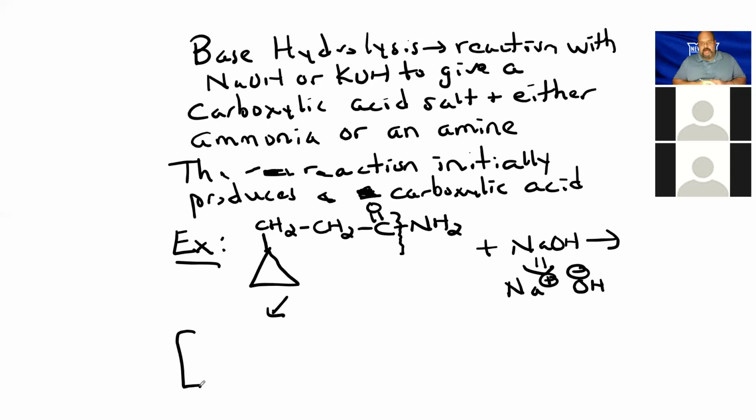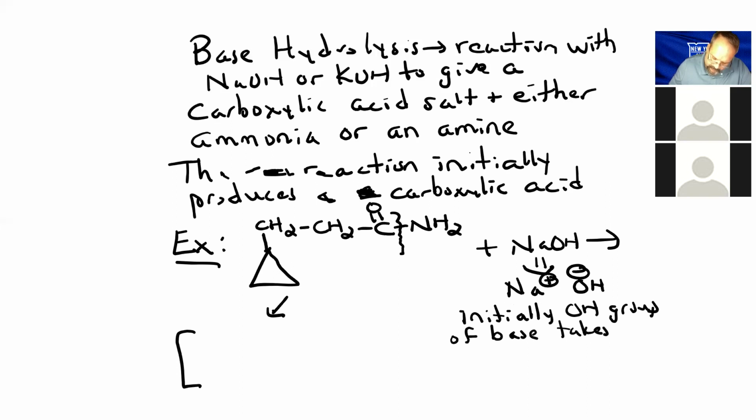And I'll do this in brackets because initially what happens? Initially what happens is that the OH group of the base takes the place of the nitrogen part of the amide.